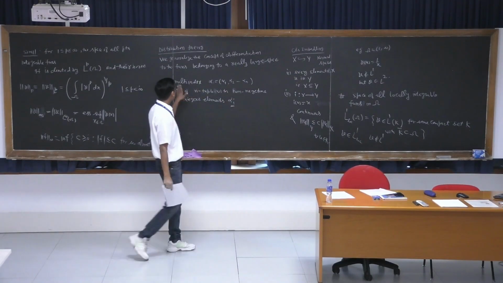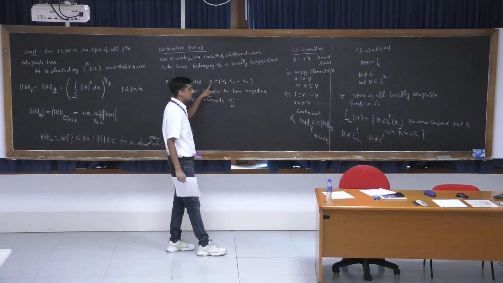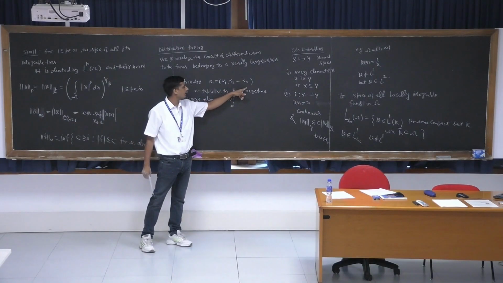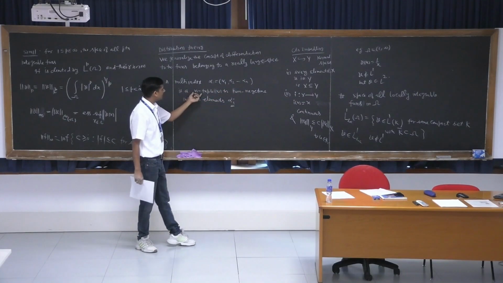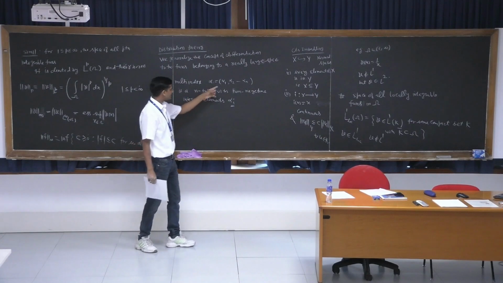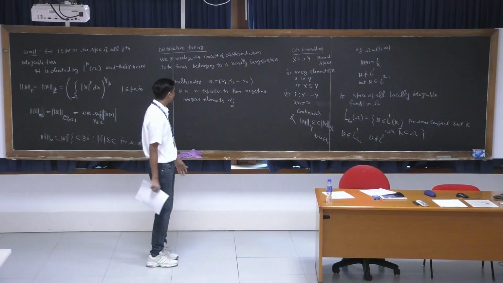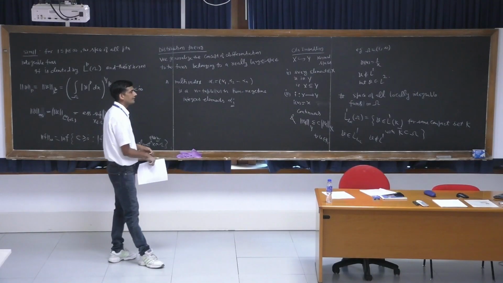Means I am defining a multi-index here, and each entry alpha 1, alpha 2, alpha n is a non-negative integer.